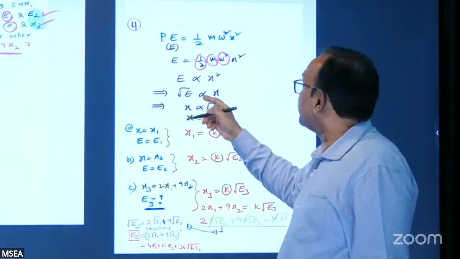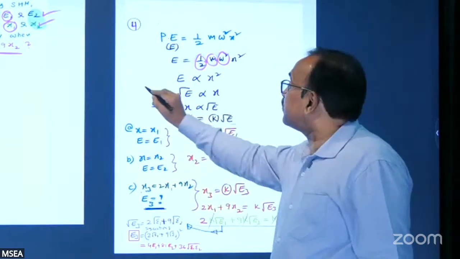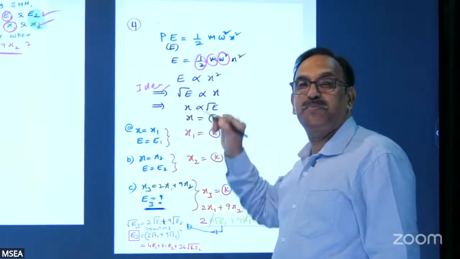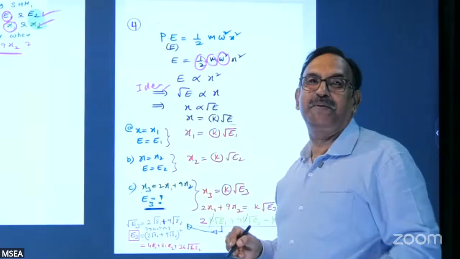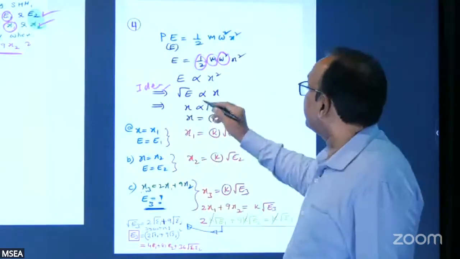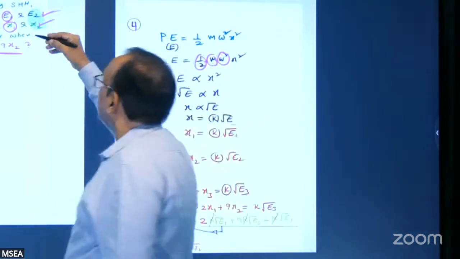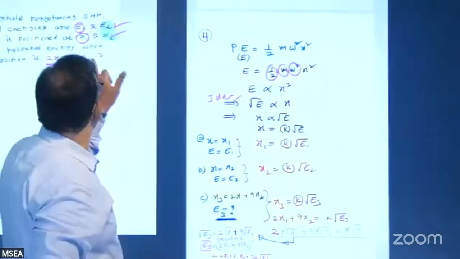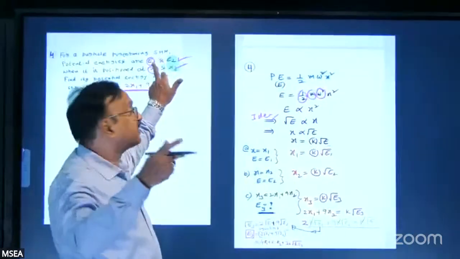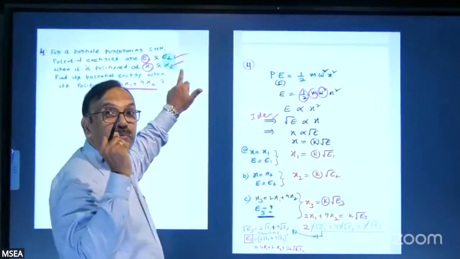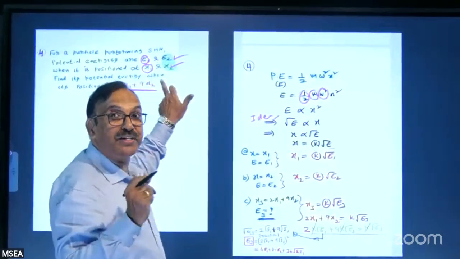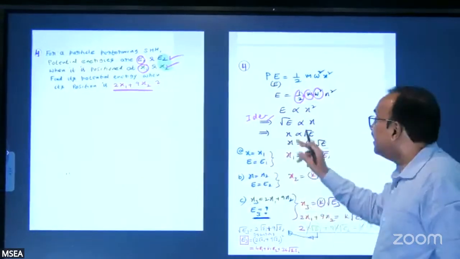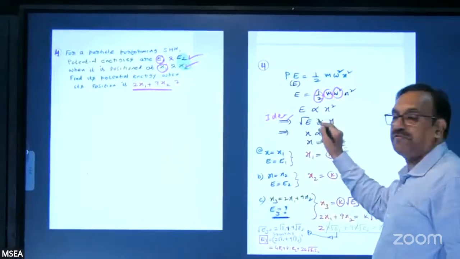Next important step is that you should get this small idea: why is the root being taken? Here we are talking about the position x1, position x2, some other position. So we want position, not position square. Here you have position square, but we want position. That's why we just take the square root.